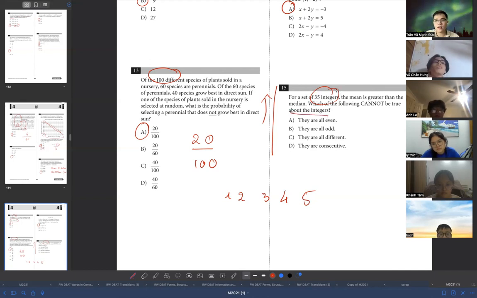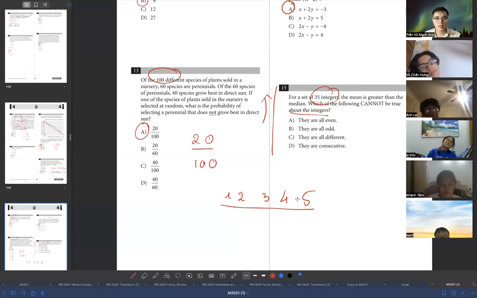If I say the mean is greater than the median, or they are all even, or they are all odd, it's very obviously wrong, because any set can have the median and the mean the same. Whether it's even or odd, look, this is all even and odd.